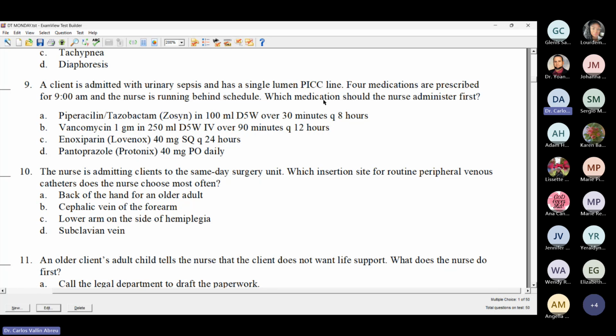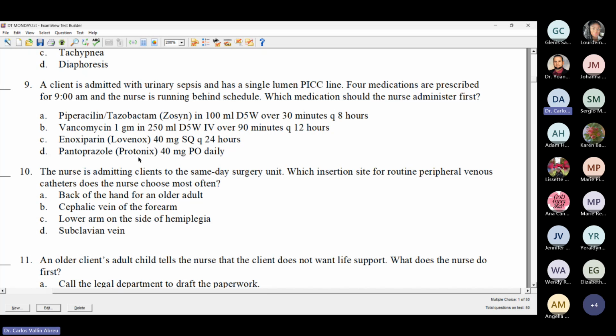I should know my schedule: if those 4 medications are due at 9 a.m., I could start giving the medication at 8:30, and I can even give this medication at 9:30. I have half an hour before and half an hour after the due time to administer medications.